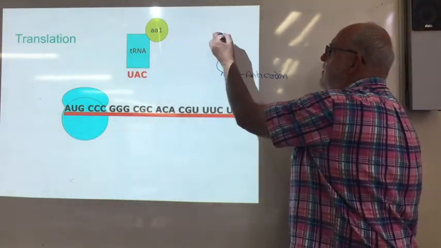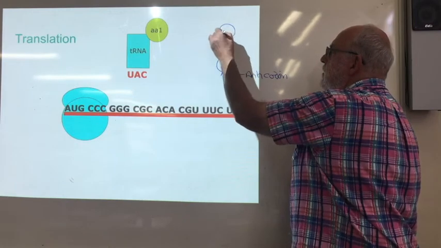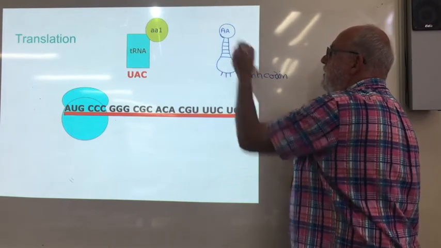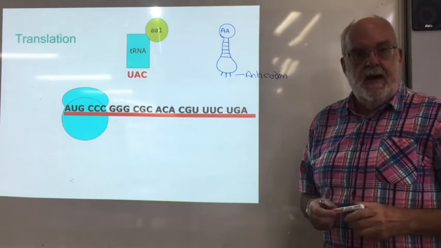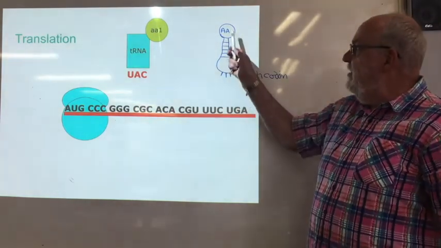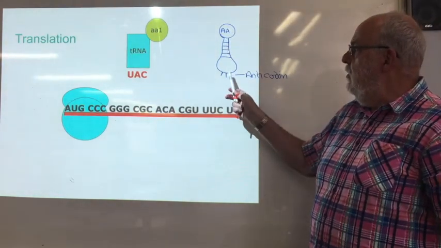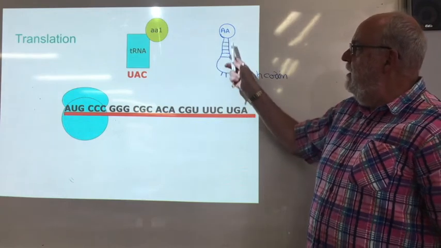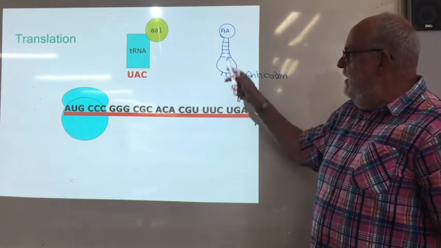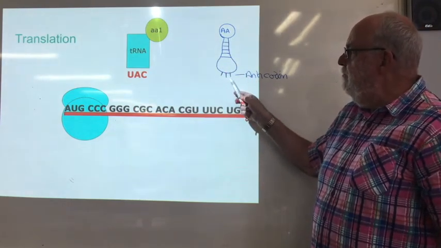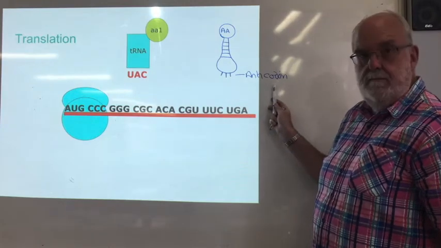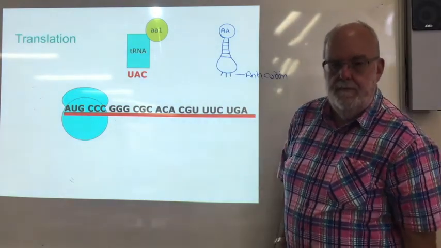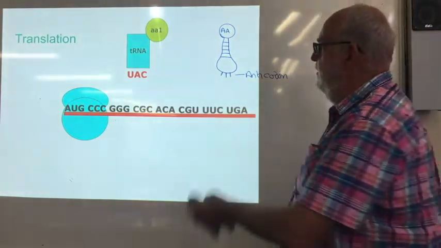And at the other end, you have an amino acid. And the thing about this is that there is a specific amino acid that will attach to a particular molecule of transfer RNA dependent on the bases on the anticodon. This is shown in more detail in the textbook.